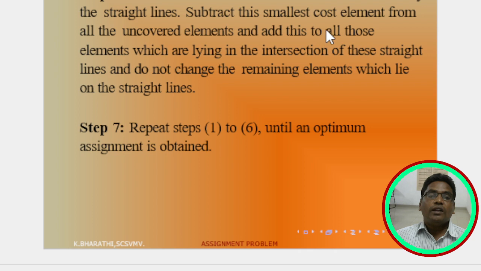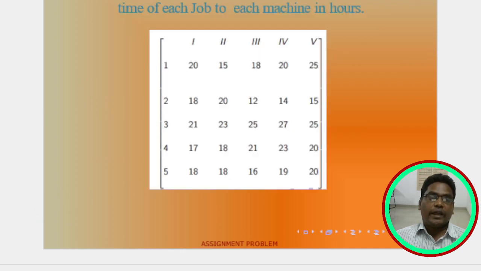Subtract this smallest cost element from all the uncovered elements and add this to all those elements which lie in the intersection of these straight lines, and do not change the remaining elements which lie on the straight lines. Repeat steps 1 to 6 until an optimum assignment is obtained.